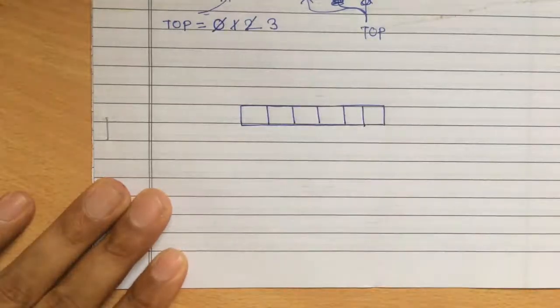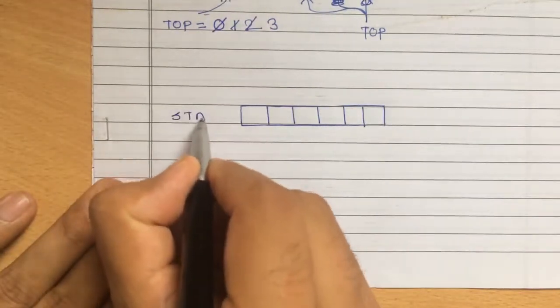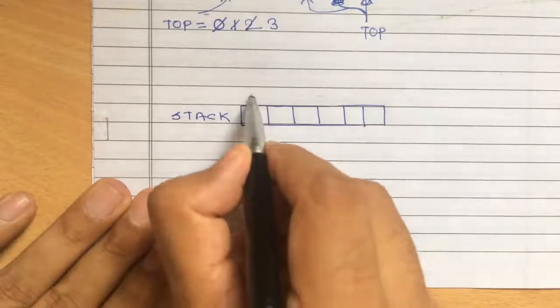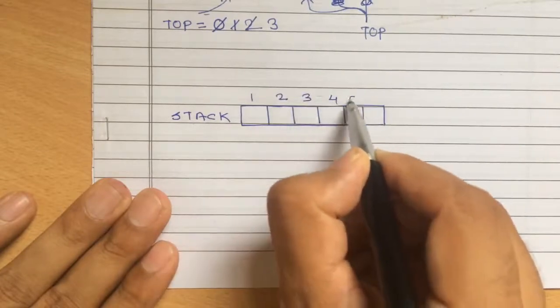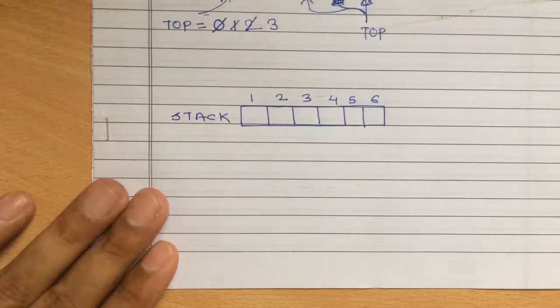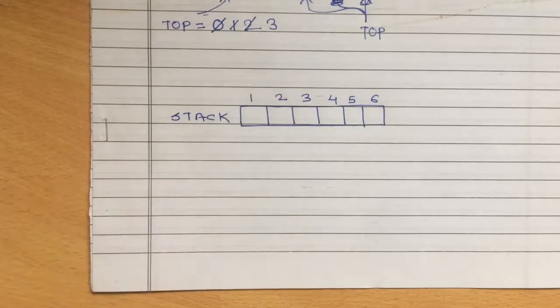So this is our linear array, and again I will give the name stack to the array. Then these are the indexes for the array. So total 6 elements we can insert in this array. This is a basic general concept of array.